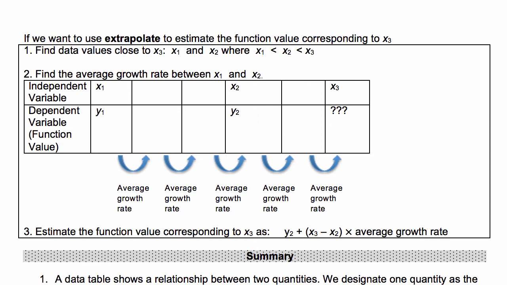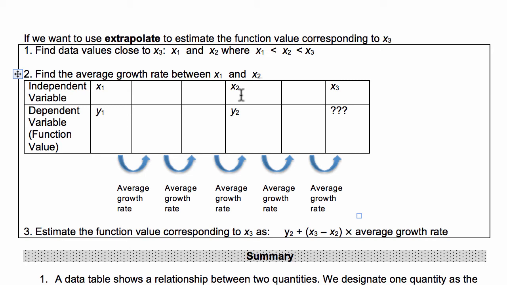If we want to extrapolate to estimate the function value corresponding to x sub 3, we should do the following. Step 1. Find data values close to x sub 3 in which we have information about. For our generalization, we are assuming that we know the dependent variable value for x sub 1 and for x sub 2.